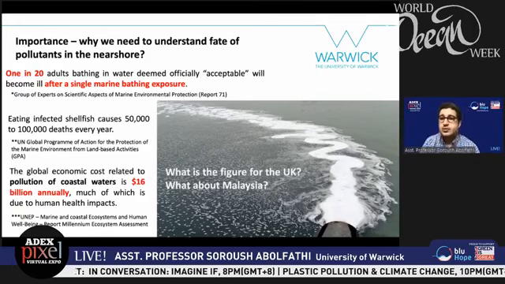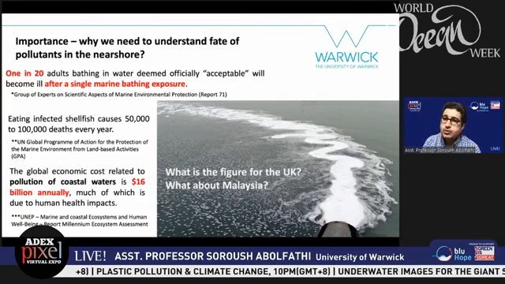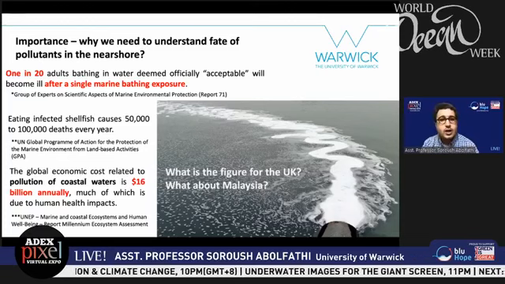What is the economic cost of this pollution in coastal water? I think that's something very important. So UNEP, the UN Environment Programme, in I think a 2017 report, costed it at $16 billion annual cost of pollution.